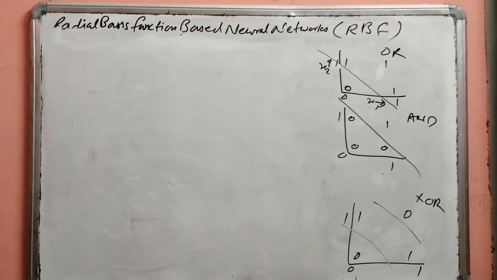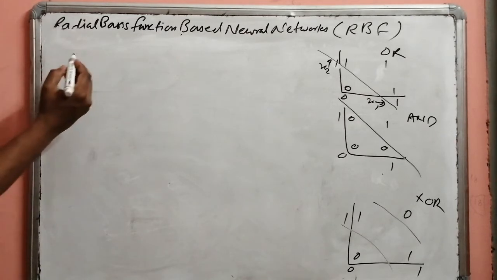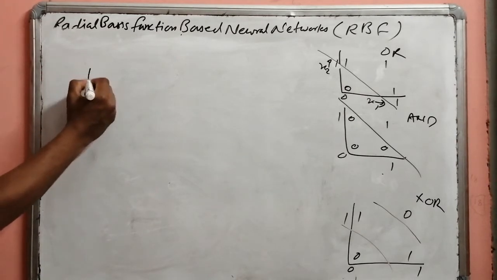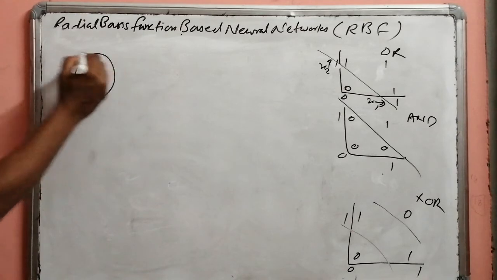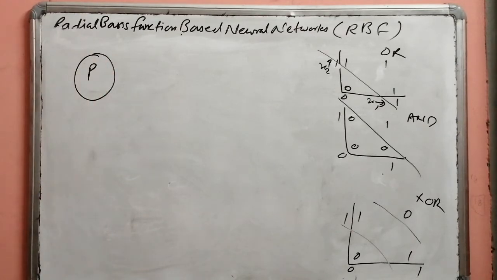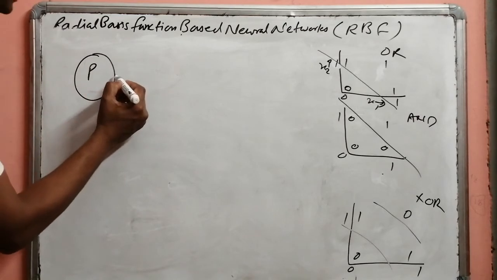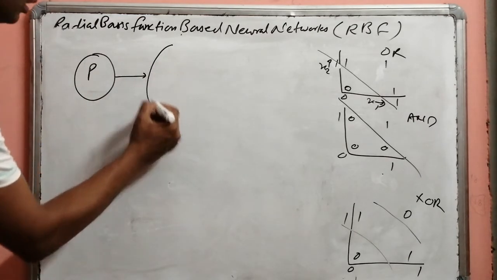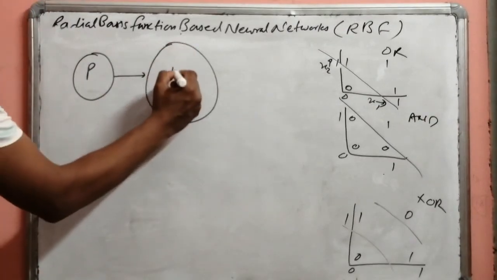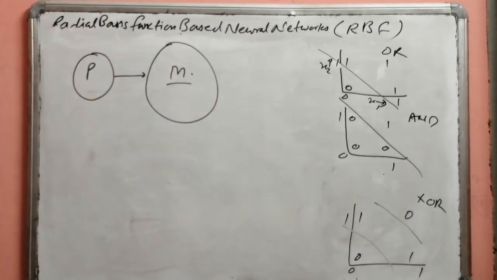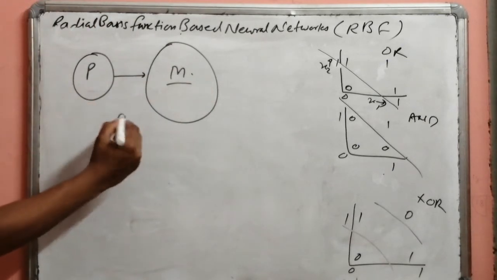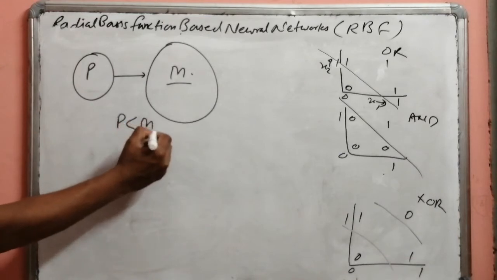So the principle of your radial basis function or RBF neural networks is to consider a higher dimensional non-linear mapping of features distributed in space P to a higher dimensional feature space containing m number of dimensions, where P is less than m.